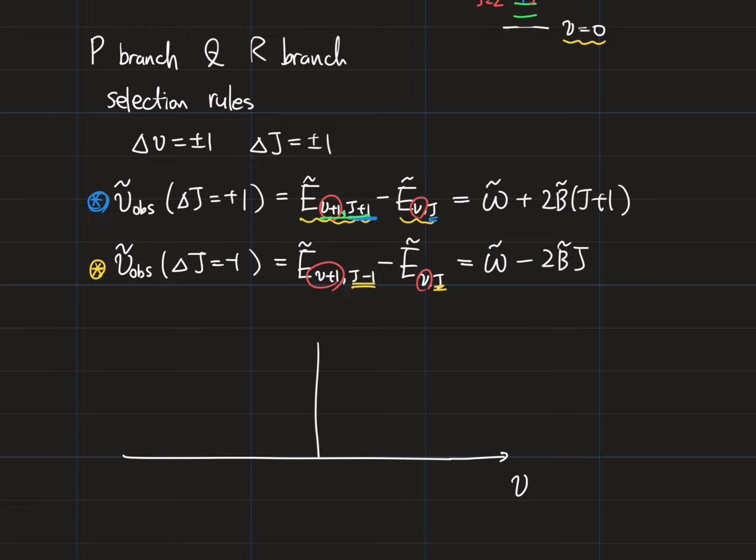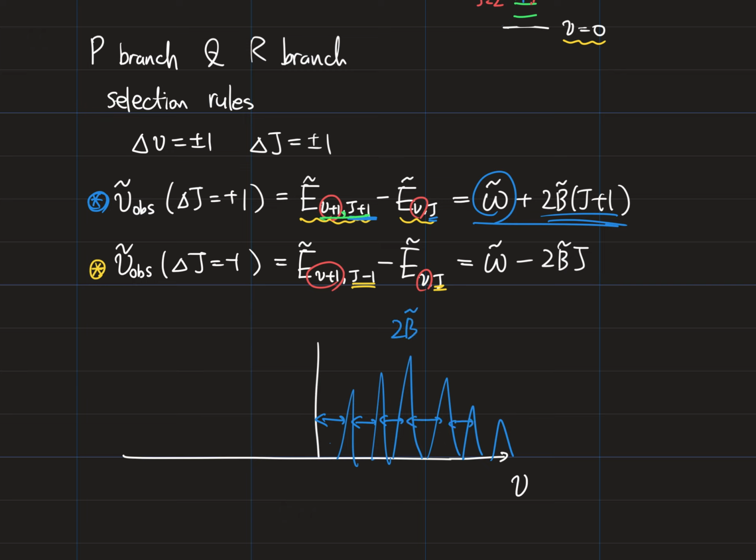So in addition to omega tilde, you will have further energy level transitions, and their spacing should all be equal to 2B tilde. This is called the R branch.